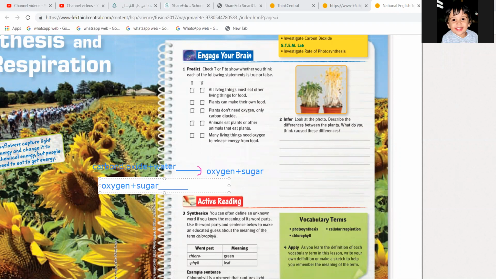And it gives carbon dioxide. We give out carbon dioxide and water. Are these two equations very clear to you? So this is what we will learn in more detail in this lesson.